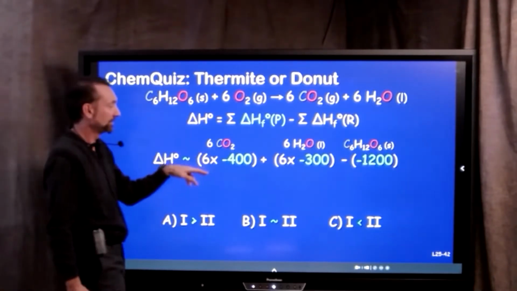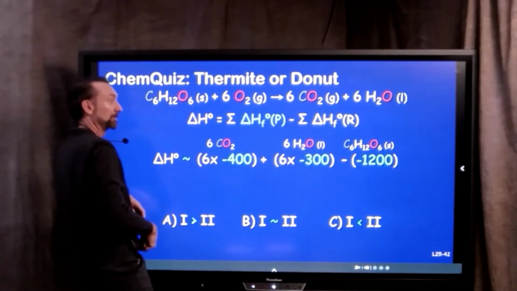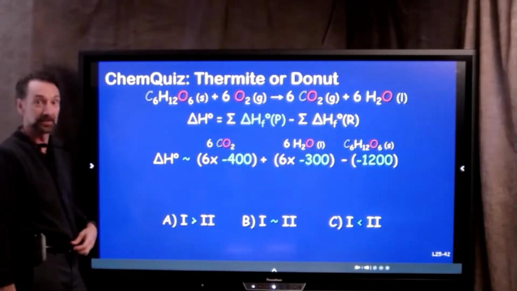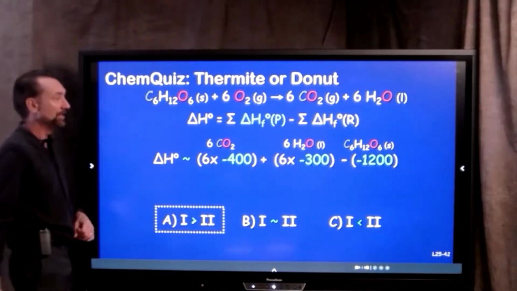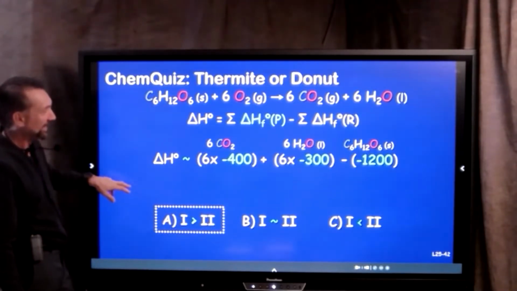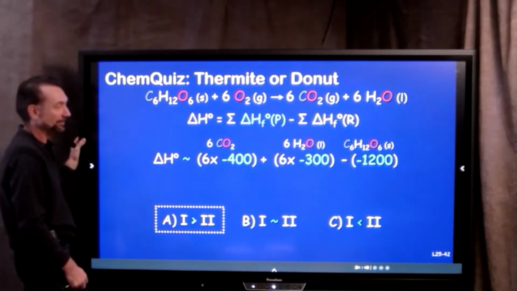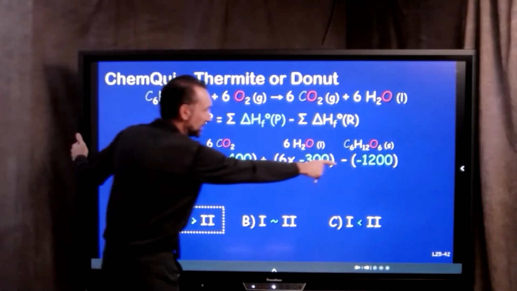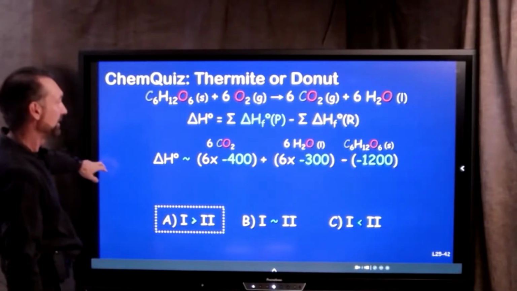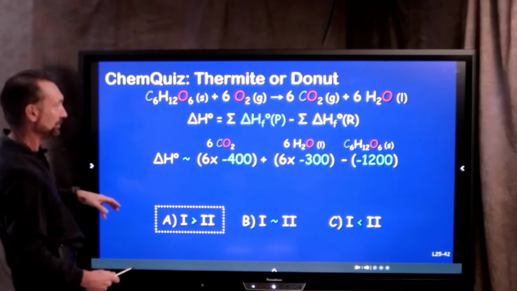So here are the standard enthalpies of formation of the products with the stoichiometric coefficients minus the standard enthalpy of formation of the reactants. And you'd get a number that we recognize. For the other one, you get this that we recognize. Why don't I write the number down there? You can see it's a big number that you can almost do in your head, right?